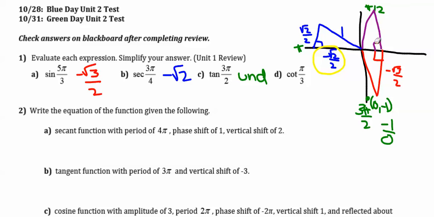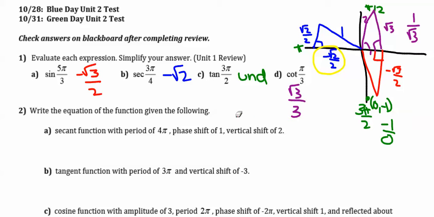This is the 60-degree angle. Then opposite is going to be the square root of 3. My hypotenuse is 2, my adjacent side is 1. So the cotangent is going to be cosine over sine, which is 1 over root 3. When we rationalize the denominator, we get root 3 over 3.